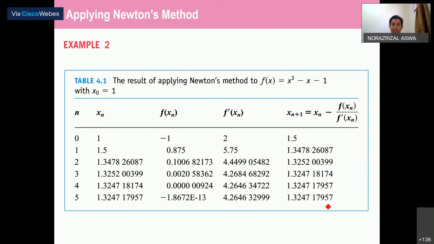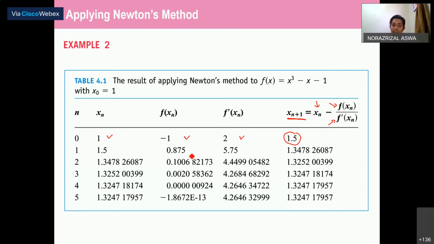I guess you have all performed it, so I'm going to go through this one. We have our first guess, 1. Then you compute f(xn), negative 1, then you compute f prime of xn, equal to 2. You take these values and plug them in here, here, and here, and you get xn plus 1, which is this one.